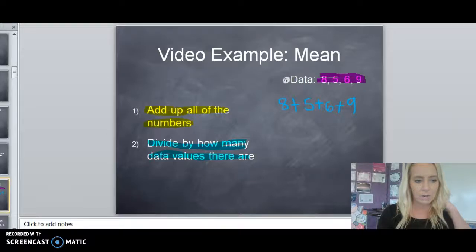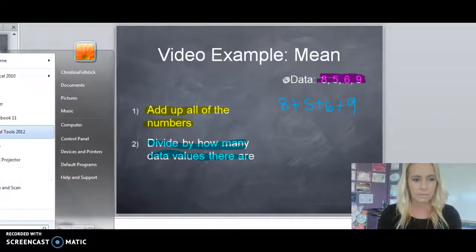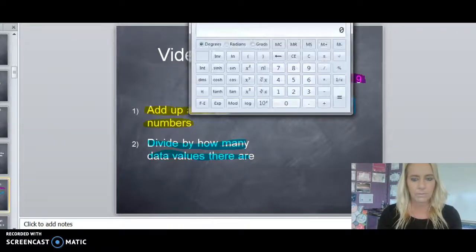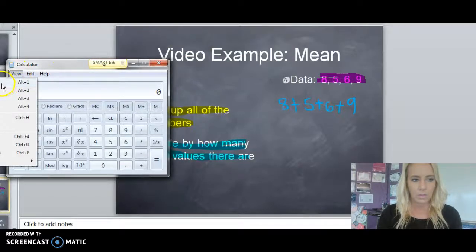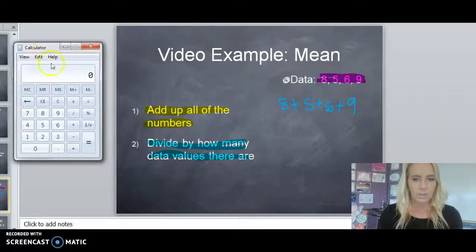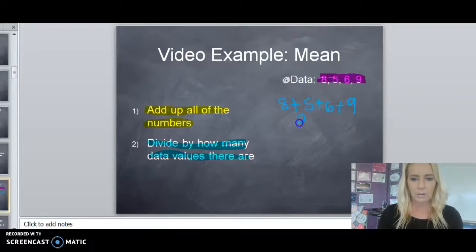And you can use your calculator for this computation. 8 plus 5 plus 6 plus 9 equals 28.